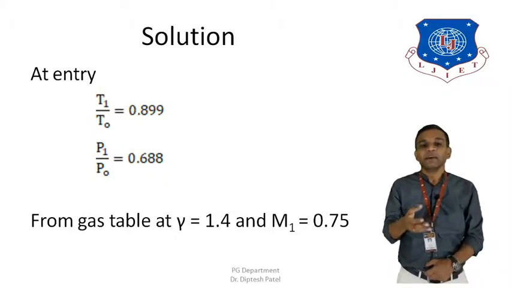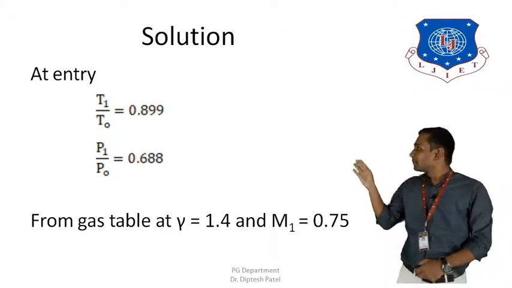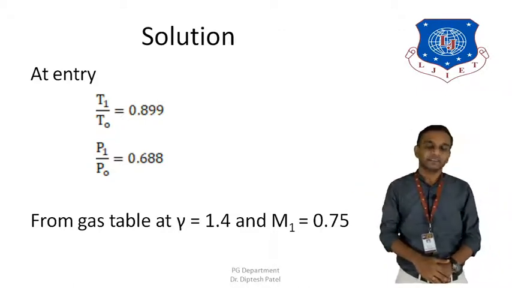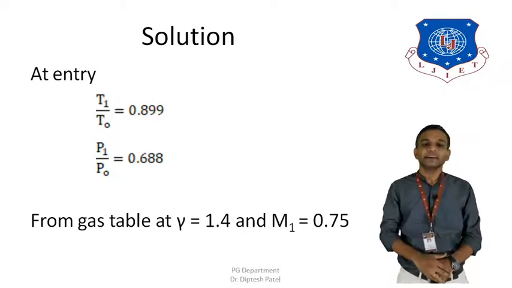Here I'm going to use the gas table, and you will see the couple of data which I've got from the gas table. But to get these values, we need to have a couple of references. Here I'm going to use gamma and the Mach number at section 1 as references. So I've got gamma, which is 1.4, and Mach number at section 1, which is 0.75.